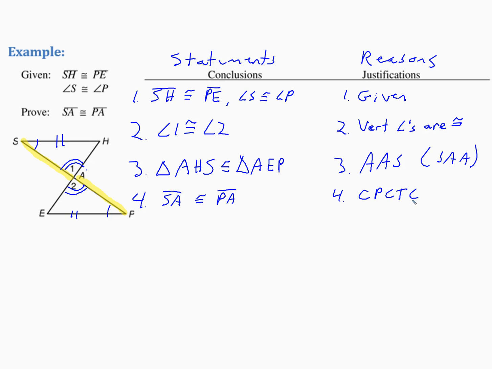That's written in your notes, but make sure you know that. You could also put definition of congruent triangles, but CPCTC is an often used abbreviation for that.